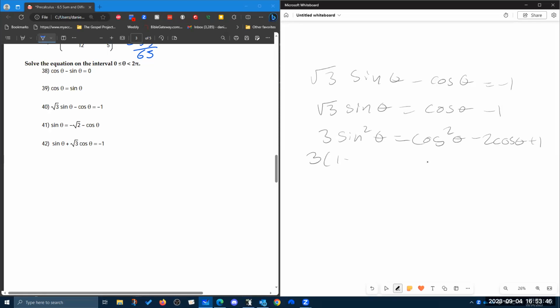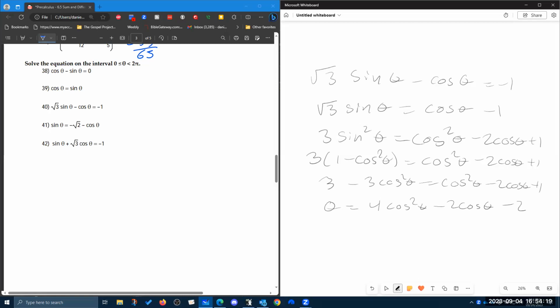Then we're going to convert this into 1 minus cosine squared. So this is 3 minus 3 cosine squared theta equals cosine squared theta minus 2 cosine theta plus 1. 0 equals 4 cosine squared theta minus 2 cosine theta minus 2.